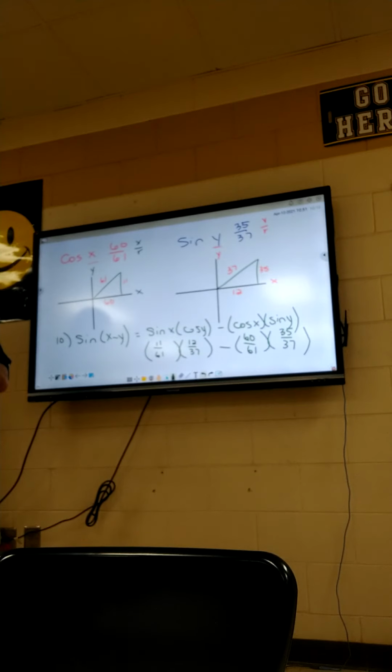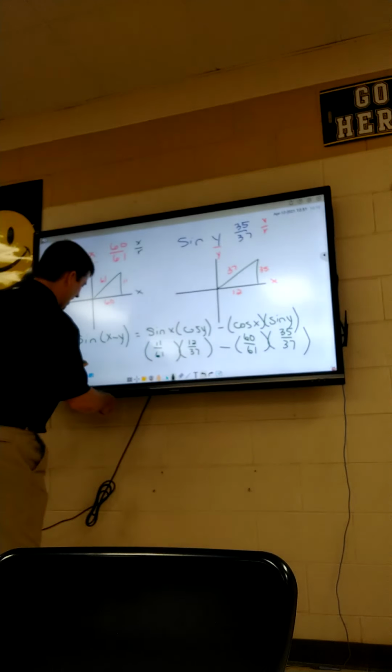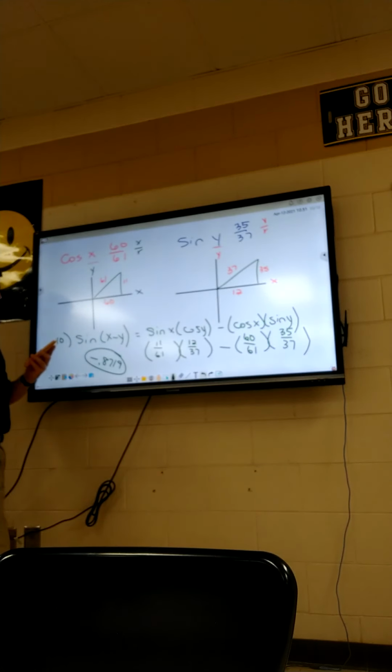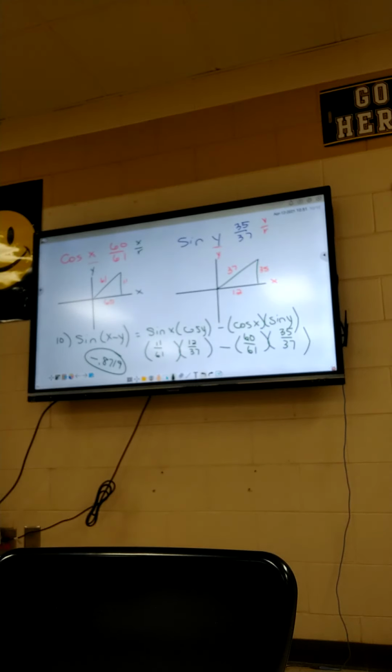Now, most all of these guys are decimals. I got a negative decimal, actually, negative 0.8719. I guess we could have rounded that up to 0.8720. I'm not going to worry about you rounding, but we probably should have rounded it up. If you couldn't get that on your calculator, I'll come look at your calculator and see what you did wrong.